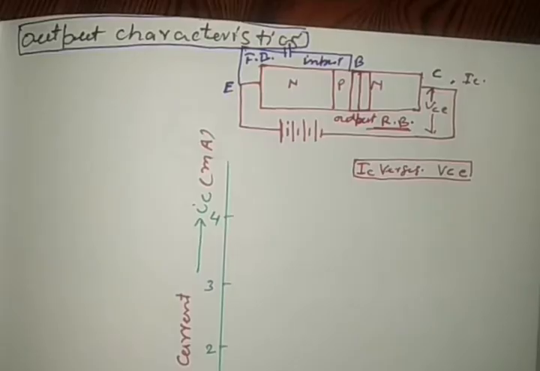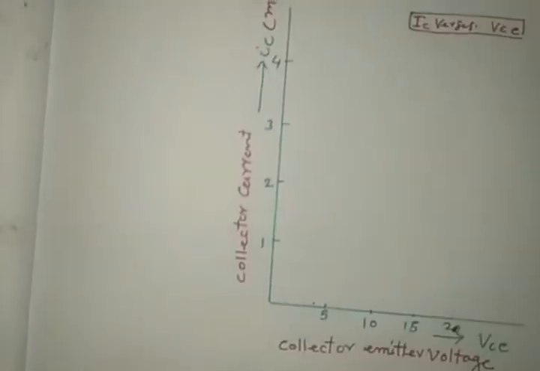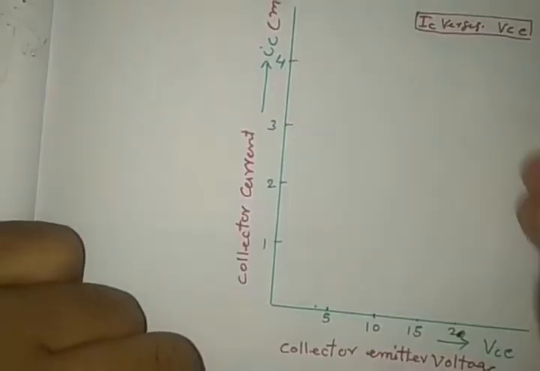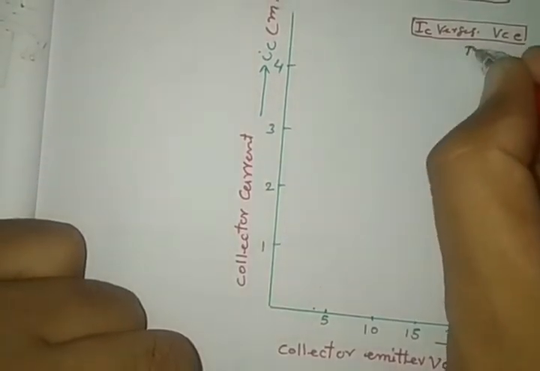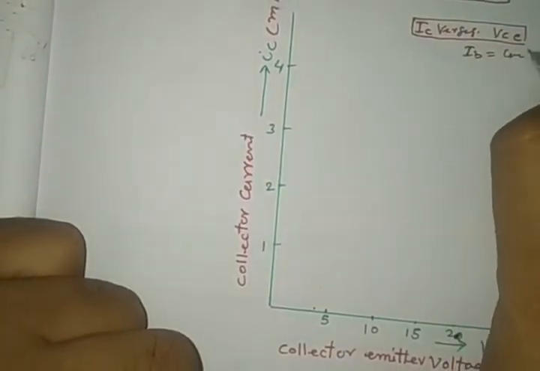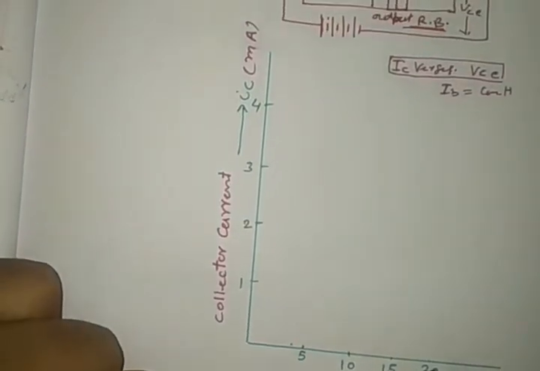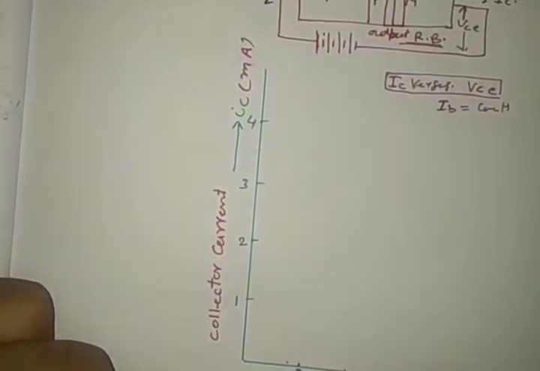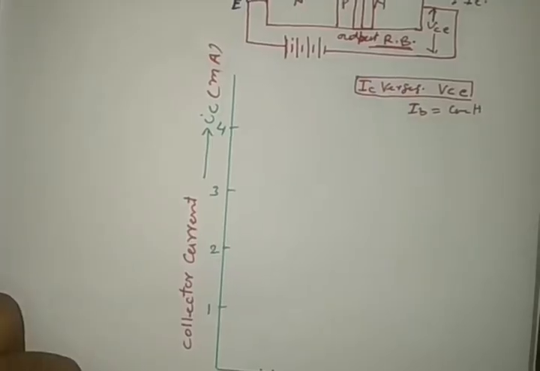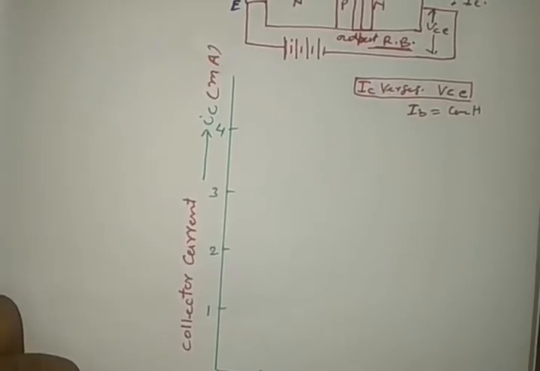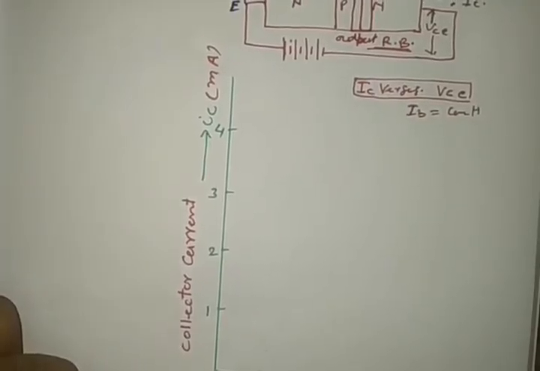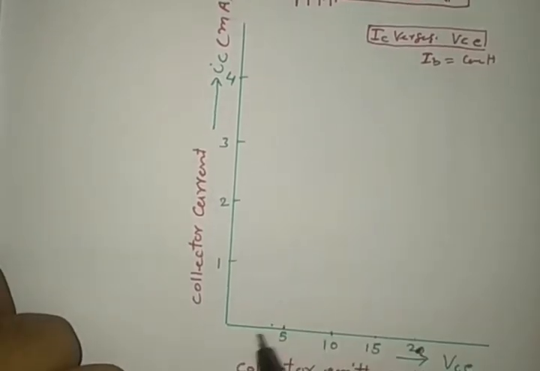So a graph is made between collector voltage and current, and IB is kept constant. The first experiment is made when input base current is 0, or very small, approximately 0. Then the curves are obtained in this way.